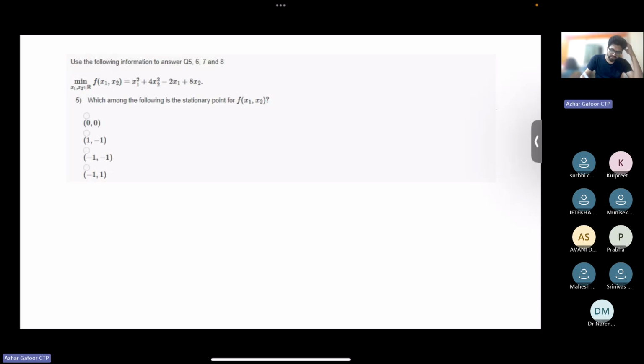So we have to find the gradient of f, which will be equal to 2x1 minus 2 and 8x2 plus 8. Now equate that to 0, we get x1 is equal to 1 and x2 is equal to minus 1. So option B will be the correct one.